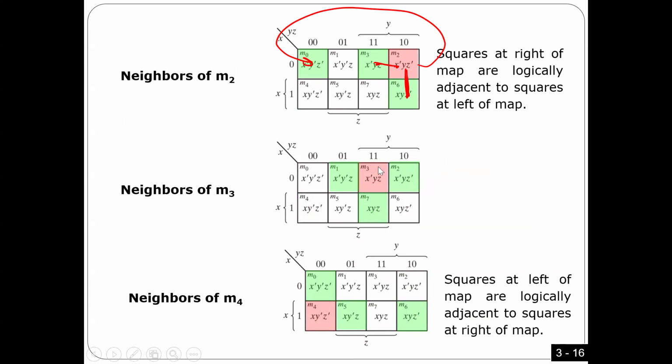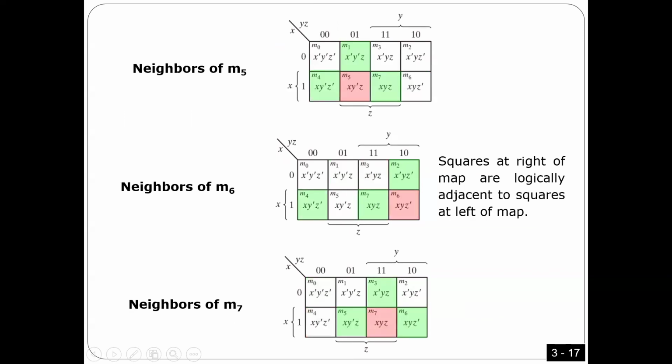This one is a neighbor to this one, direct horizontal and direct vertical. Let's look at this one here. Who are the neighbors? Direct vertical, direct horizontal, also direct horizontal, because this one is a neighbor to this one. Imagine it's rolled. You need to know who are the neighbors, because I'm going to use this information when I create groups.